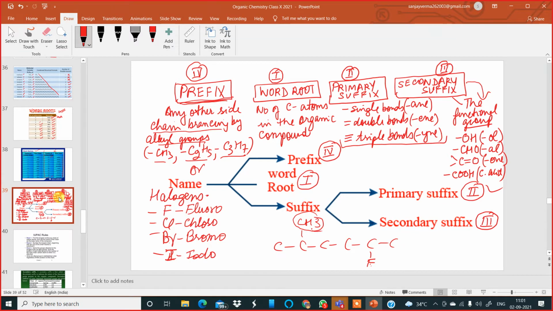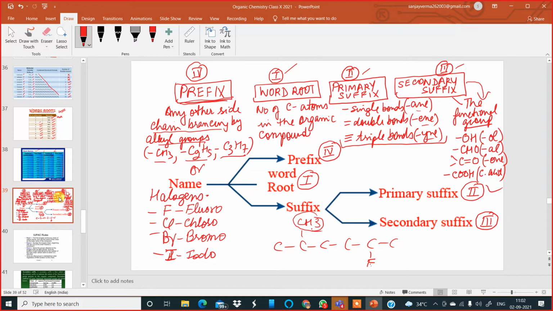This is a very important slide on the screen for you. While naming organic compounds, first you work out the word root. After the word root, on the right hand side, work out the primary suffix, check the single, double or triple bonds, and accordingly write ane, ene or yne wherever necessary. Then you work out the secondary suffix. How?